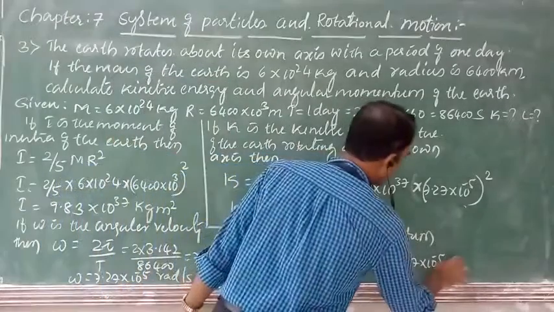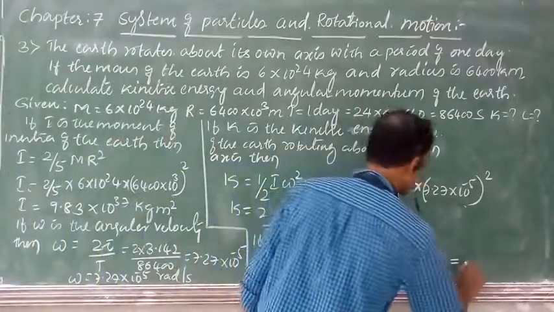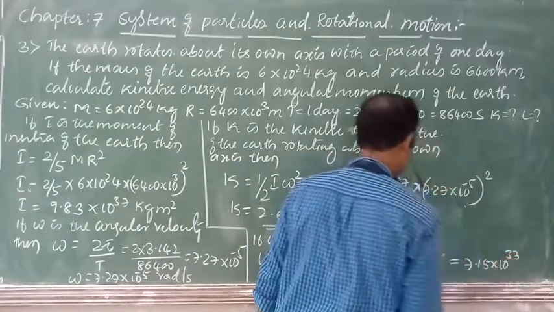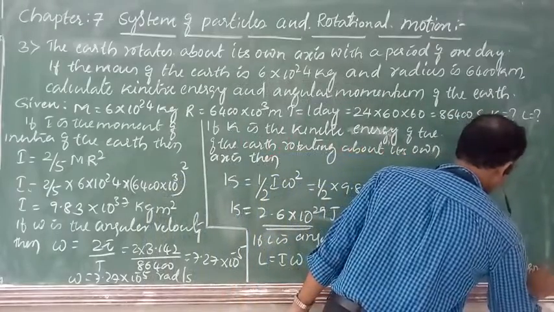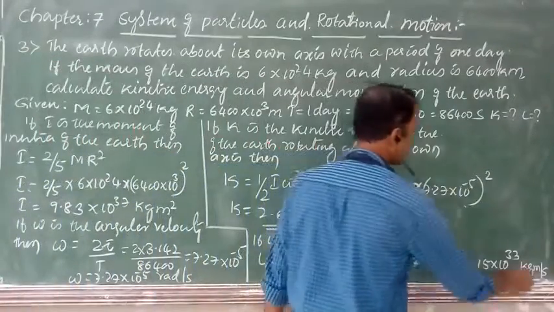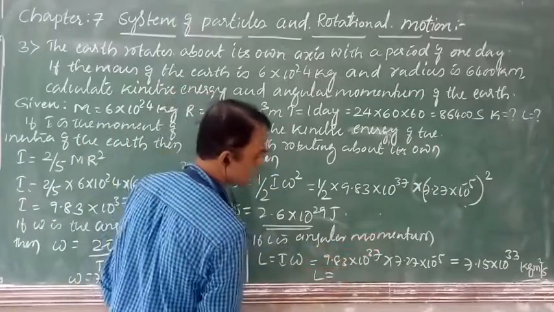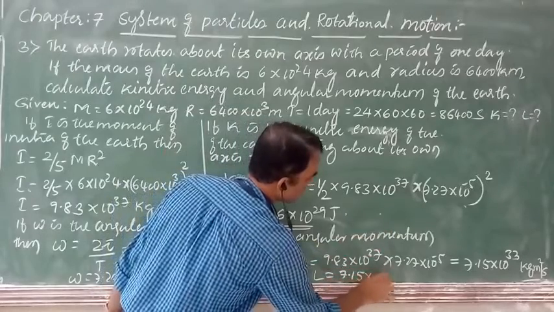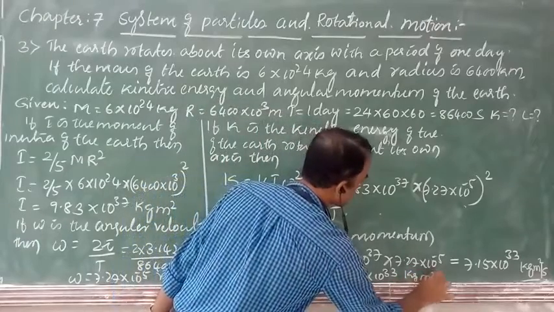So finally the angular momentum comes out to be 7.15 × 10^33. The unit of angular momentum is kg m² per second. Therefore the angular momentum of the Earth rotating about its own axis is 7.15 × 10^33 kg m² per second.